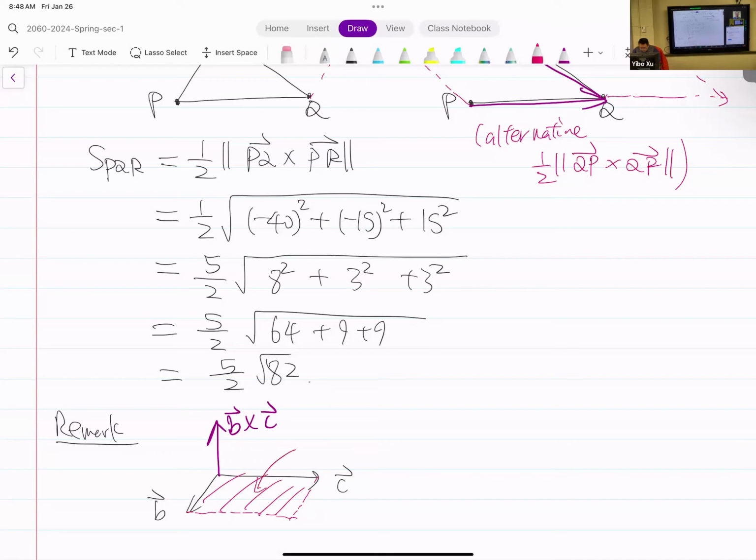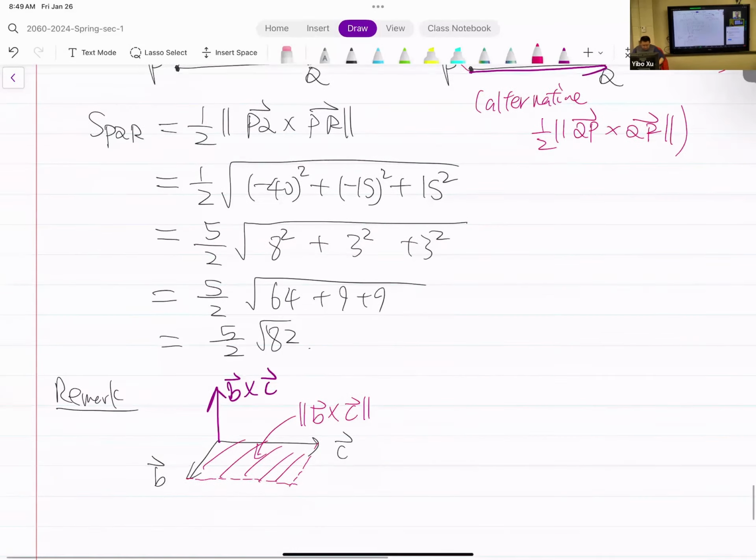So the shaded region has the area to be the magnitude of B cross C. Okay. So this is the geometric perspective.